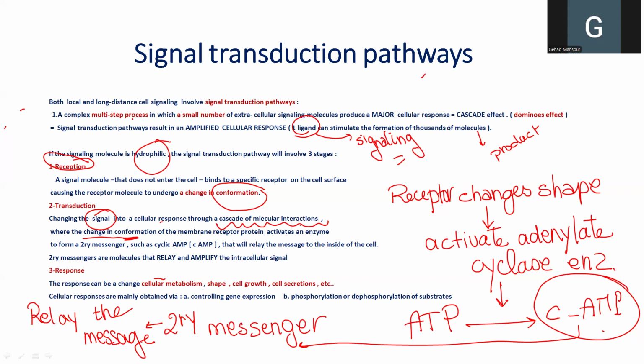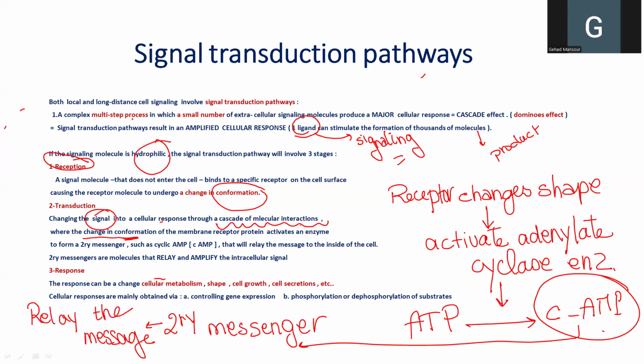So the cyclic AMP will tell the cell that this signaling molecule outside wants so and so, and it starts to implement or achieve the cellular response.